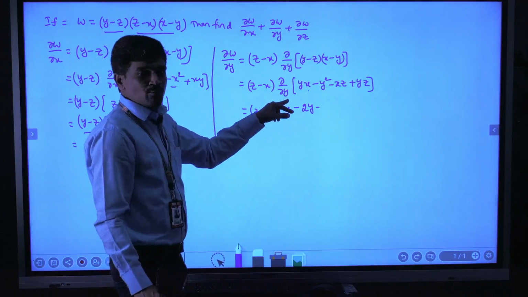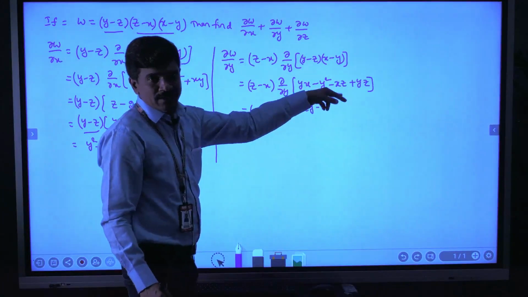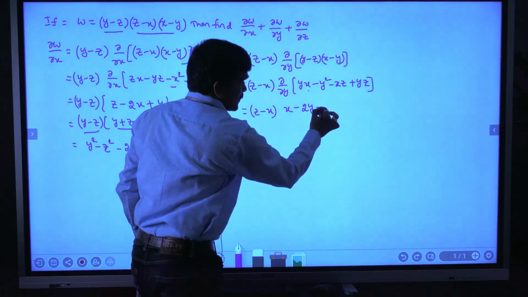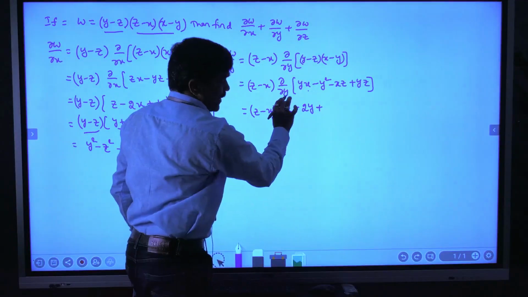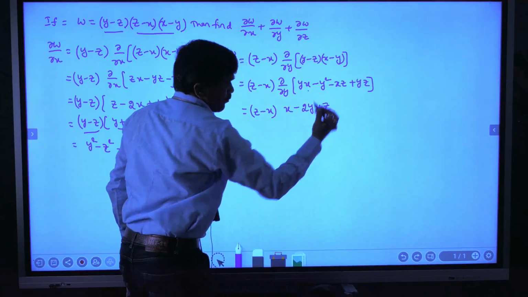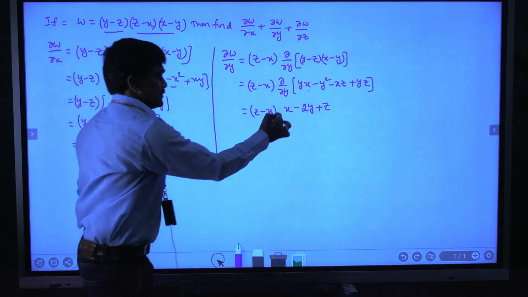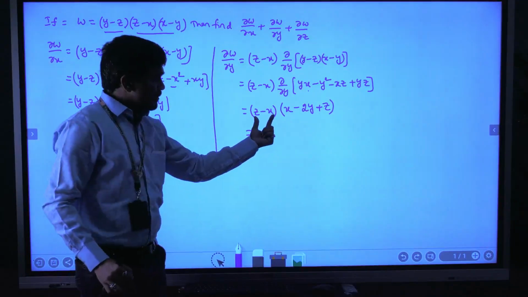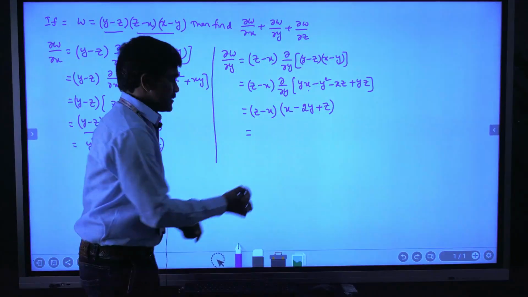So here with respect to y, we have xz. x and z are constant, so the derivative is clearly 0, plus yz with respect to y. Z is constant, and the derivative of y is 1. Now here z minus x, here z plus x.